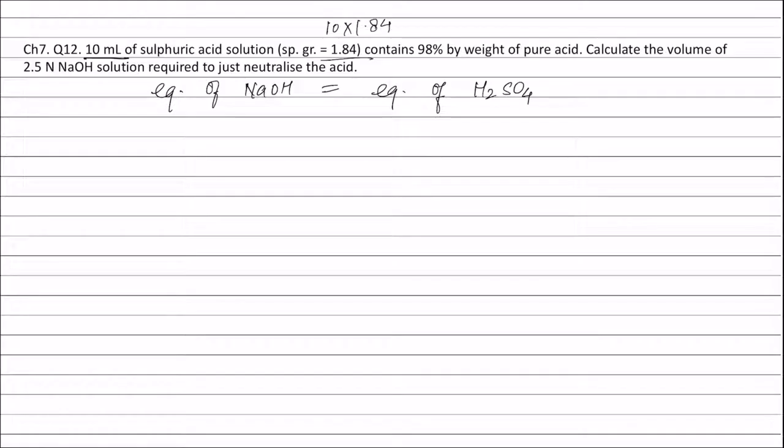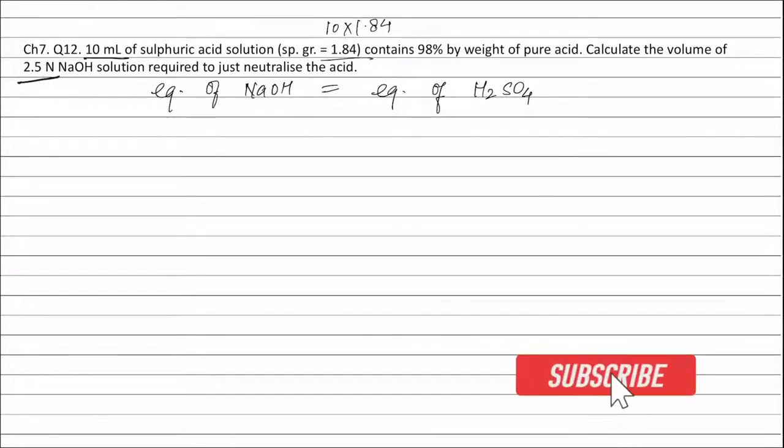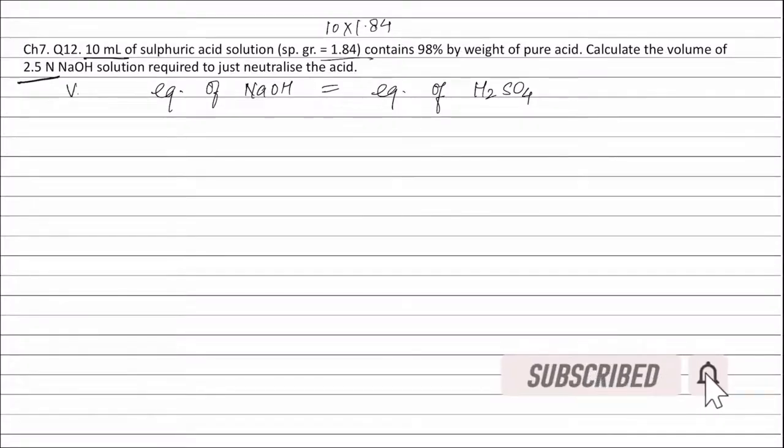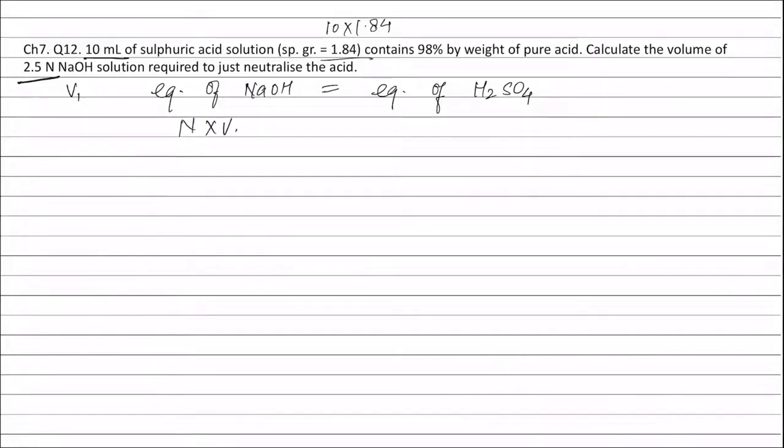Normality of NaOH is given as 2.5 N, and let the volume of NaOH required be V1. Therefore, equivalence of NaOH can be written as normality of NaOH into volume of NaOH, which is equal to equivalence of sulfuric acid. Equivalence of sulfuric acid can be written as weight of sulfuric acid divided by equivalent weight of sulfuric acid.